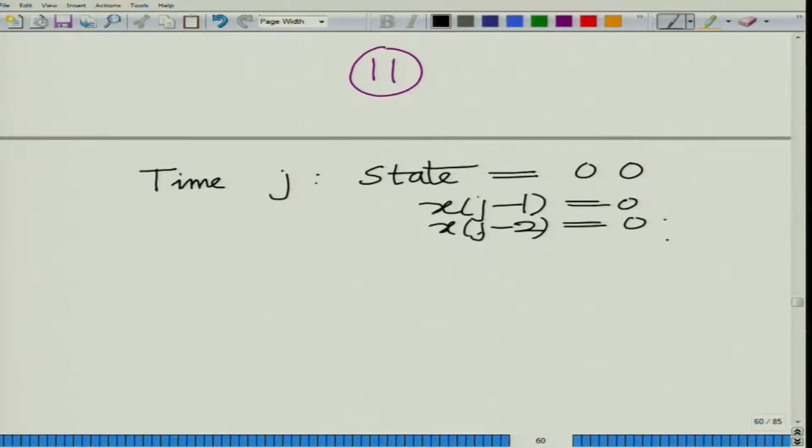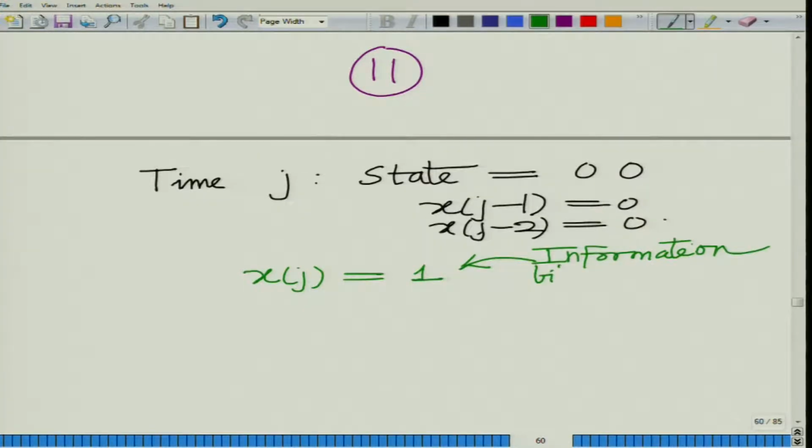Now let us say xj is equal to 1. This is the information bit at time j, the information bit which is fed to the encoder. First information bit.